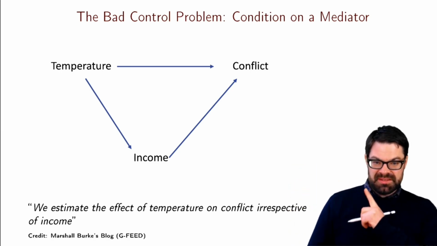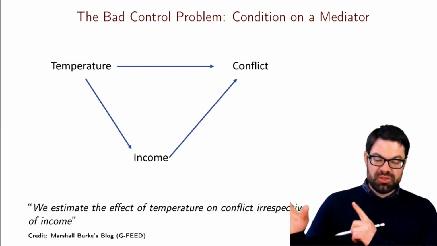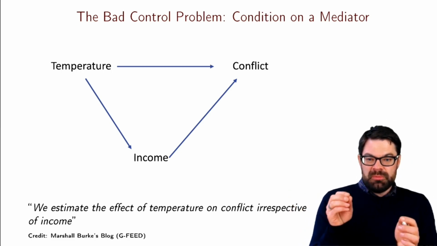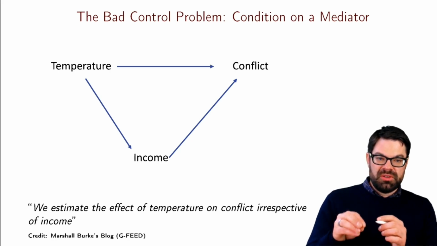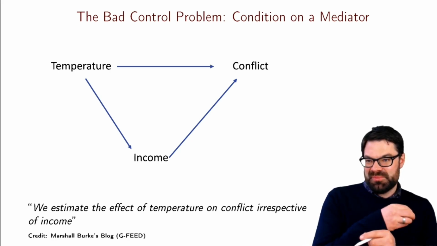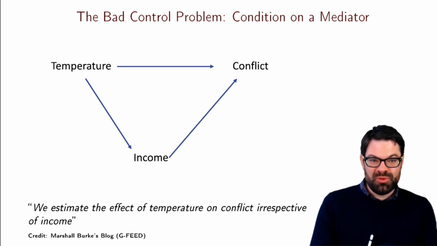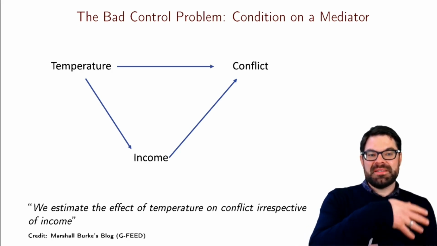At least if this is the true model. And what does this mean? It means that temperature determines income, especially in countries that are heavily dependent on agriculture. This is probably true. And that income then has an effect on conflict.